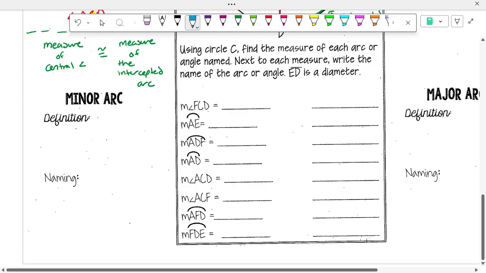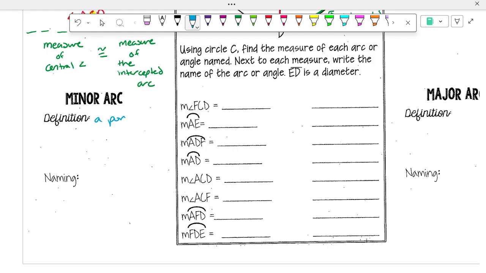So a minor arc is a portion of the circumference, the perimeter of a circle, that measures less than, with emphasis on less than, 180 degrees.